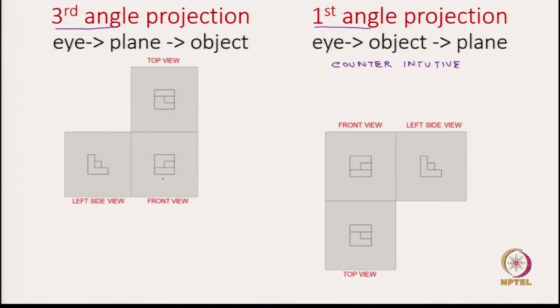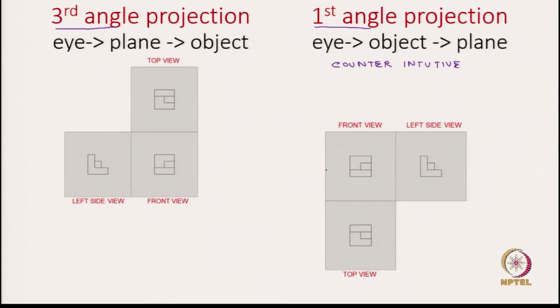But if you look at the third angle projection, you will notice it is more intuitive, because the top view is placed above the front view and the left side view is placed to the left of the front view, as we expect. However, in the first angle projection, we need to remember that the left side view should be placed to the right and the top view should be placed below the front view.